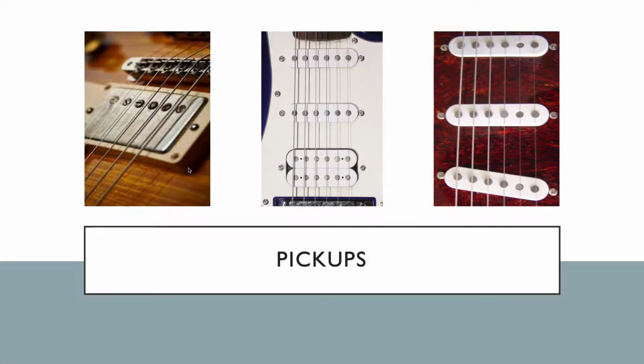Okay, now that we've talked about the strings, let's dive a little deeper and start talking about some physics. The main difference that we really see between an electric guitar and an acoustic guitar are these little things right here. They're called pickups, and for now, we can think of them as what their name implies.